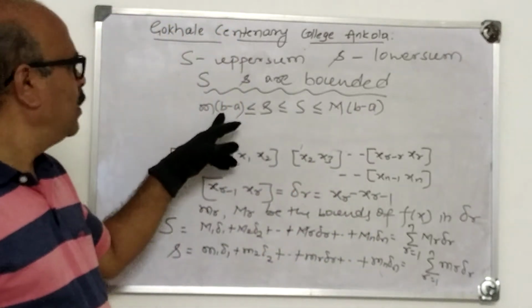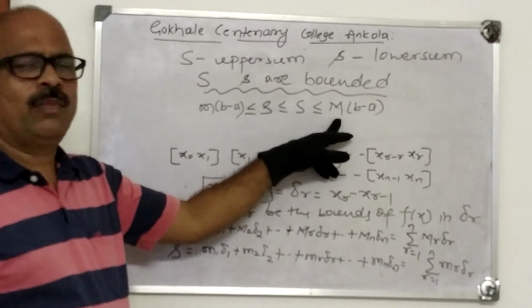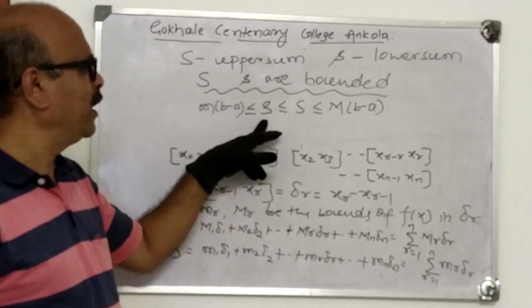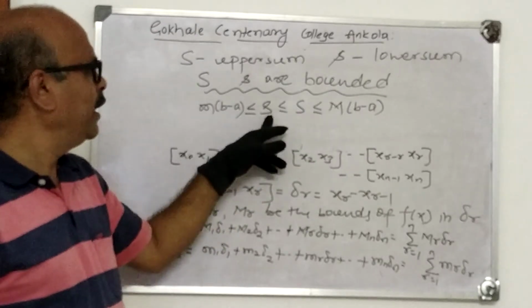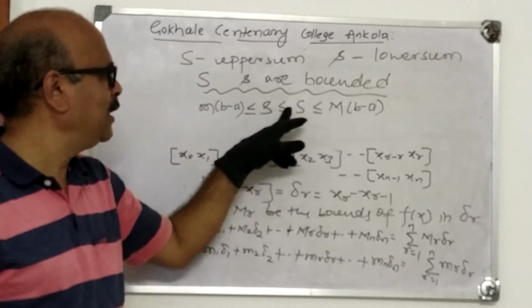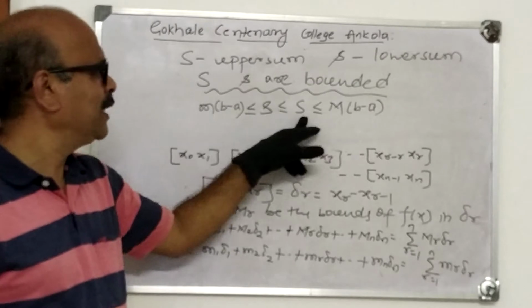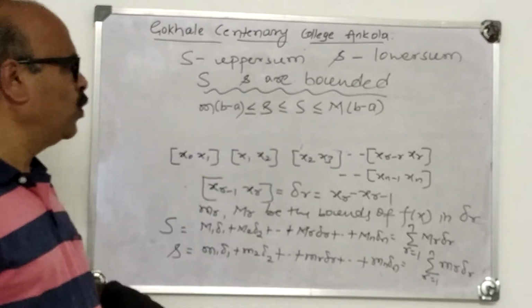Suppose small m and capital M are bounds of f(x) in the complete interval AB. Then we prove this. What does this imply? The set of all small s and capital S is bounded.